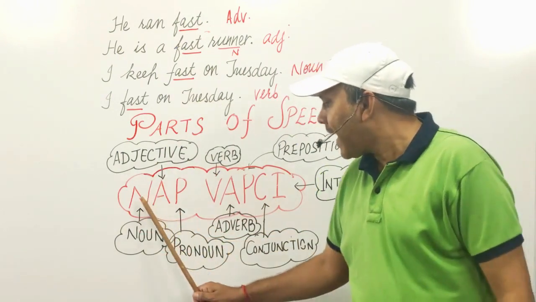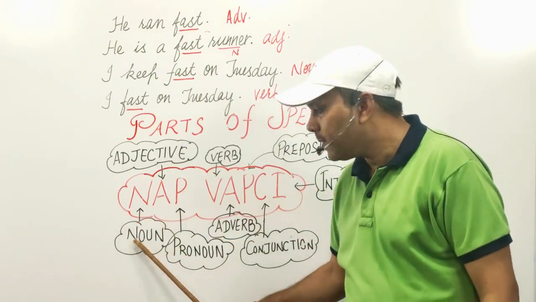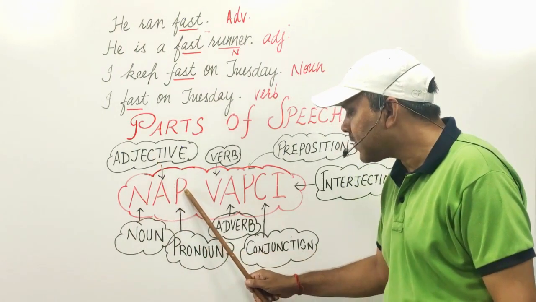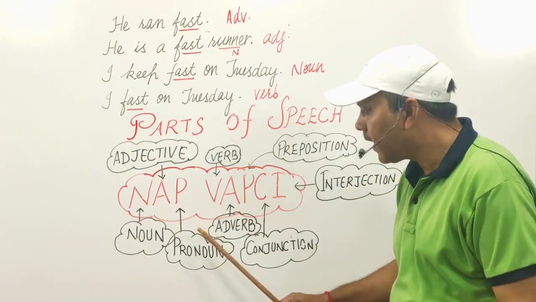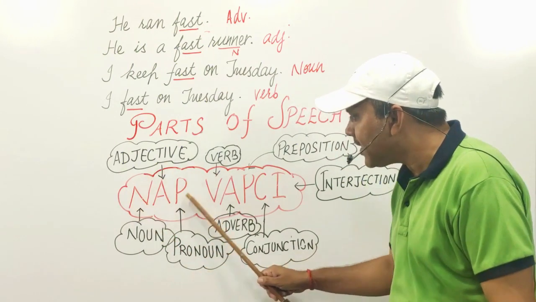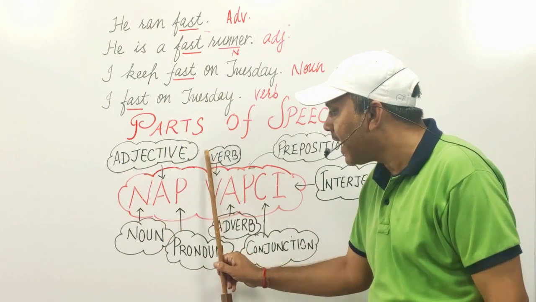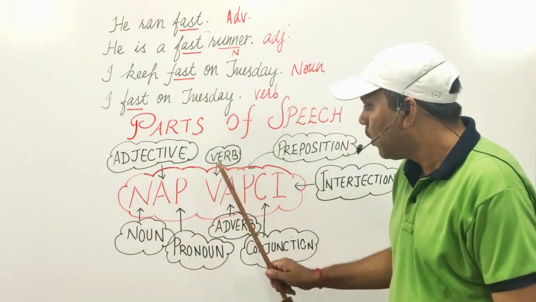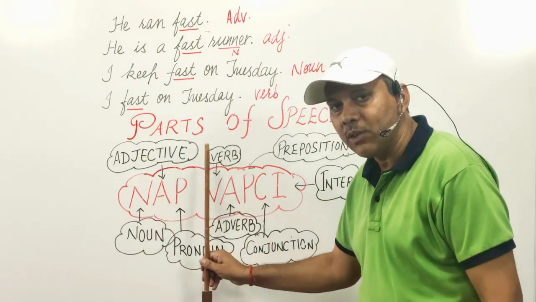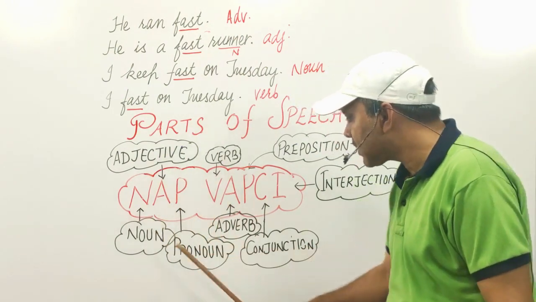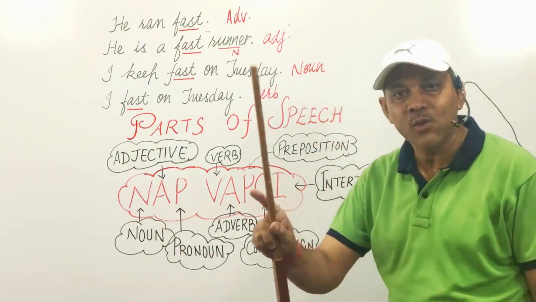For example, N stands for noun, A stands for adjective, P stands for pronoun, and they have an interrelation between them. That's why they are written separately as NAP. What the relation is, I will discuss in later videos about all the parts of speech one by one.